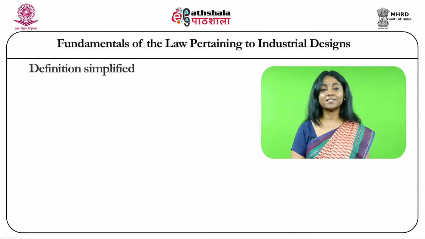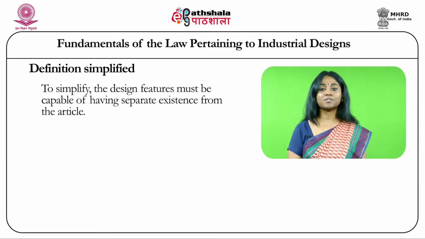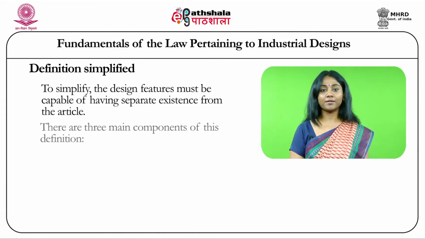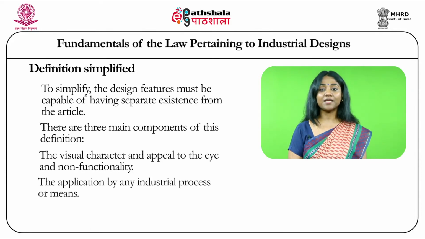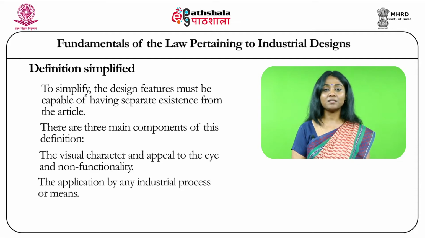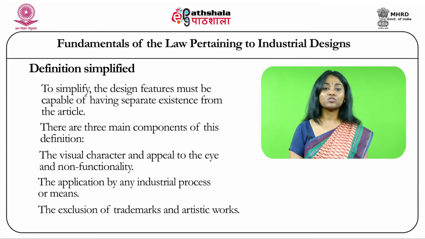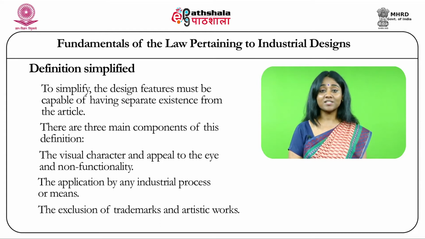So now simplifying the design, design features must be capable of having a separate existence altogether from the article. There are 3 main components: the visual character and the appeal to the eye and non-functionality, the application by any industrial process or means, and finally the exclusion of trademarks and artistic works. And that will help you understand what is defined as an industrial design.